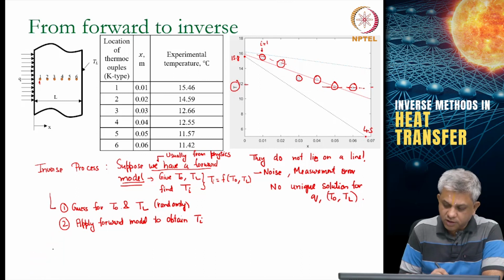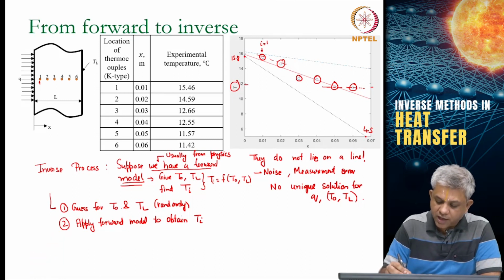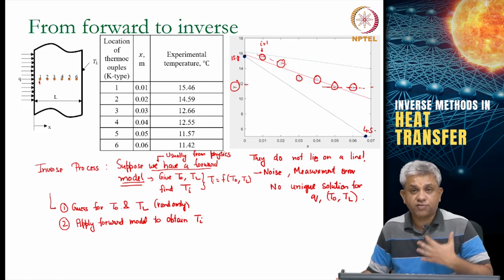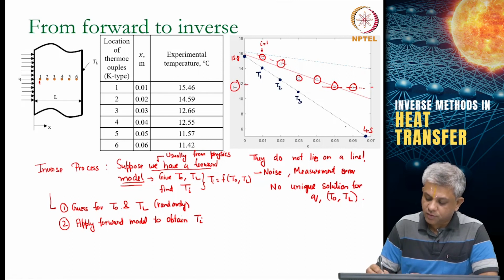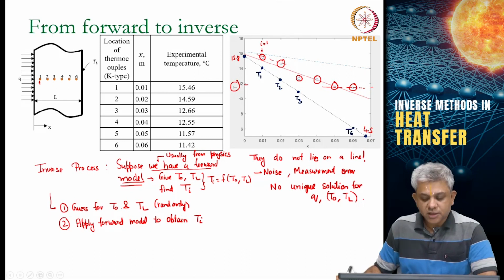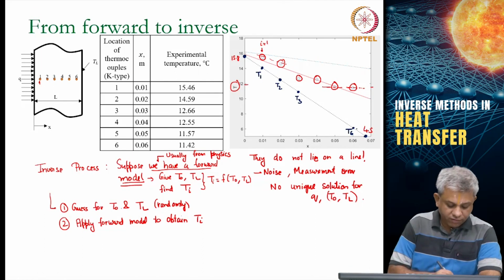It means that suppose I guessed these two temperatures, I immediately know from physics, from my forward model, that the temperature at this location is this new temperature, and so on and so forth. So, this is T6.